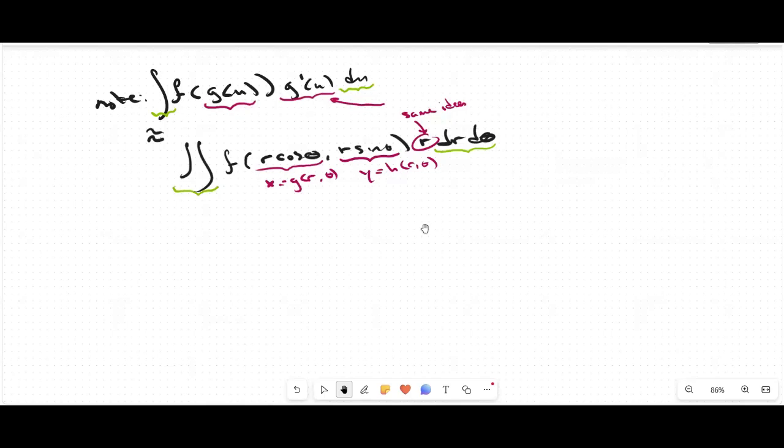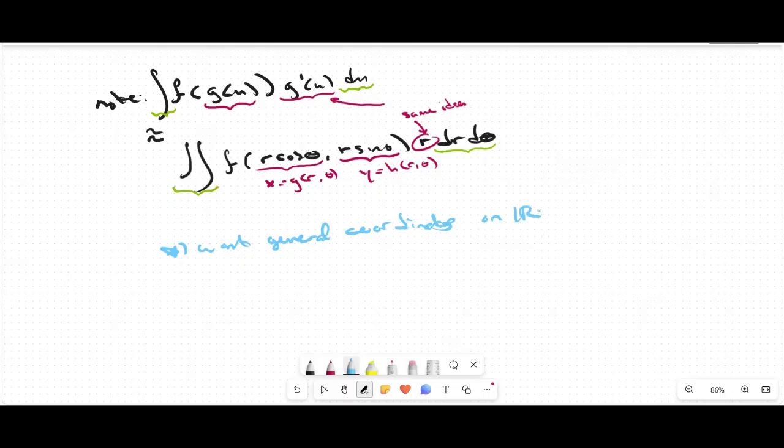So I'll just say this right now: we want general coordinates on R2. Right now, we only have rectangular coordinates and polar coordinates.